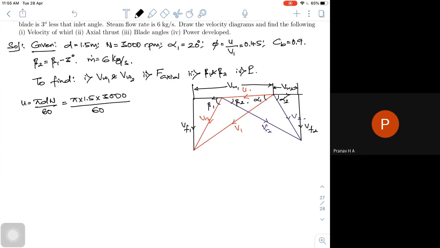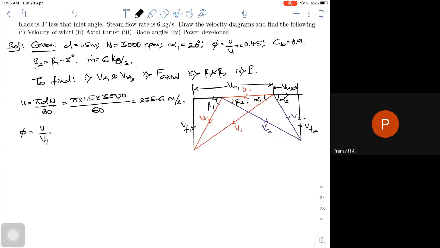3000 by 60. So it is 235.6 meters per second. So what is my phi? Phi is equal to u divided by v1. So it's equal to, what is my u? So I can find the v1 from this.